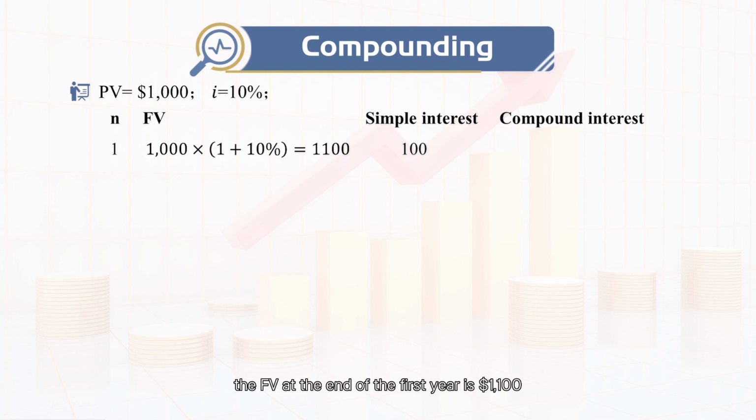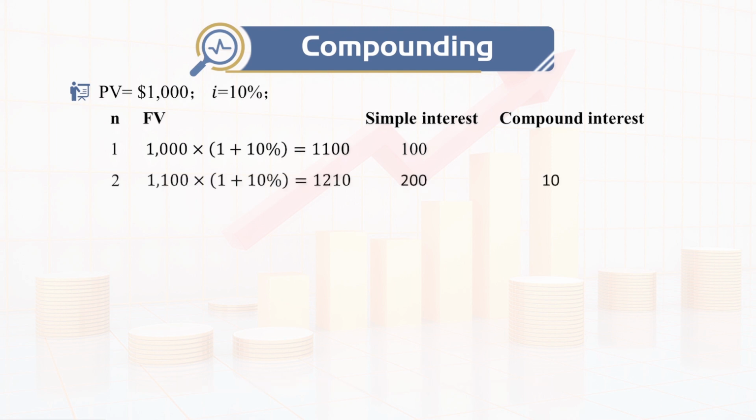Therefore, the value at the end of the first year is $1,100. If we redeposit this entire sum, $1,100, for another year, during the second year, we will earn 10% interest on the entire $1,100, which is the FV at the end of the first year.